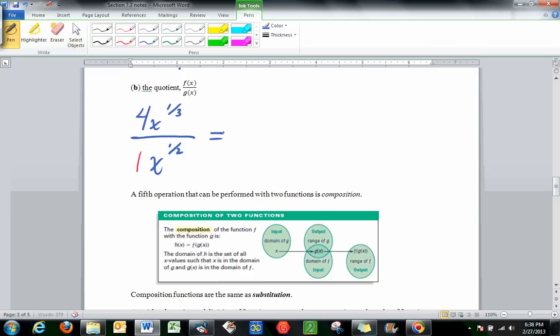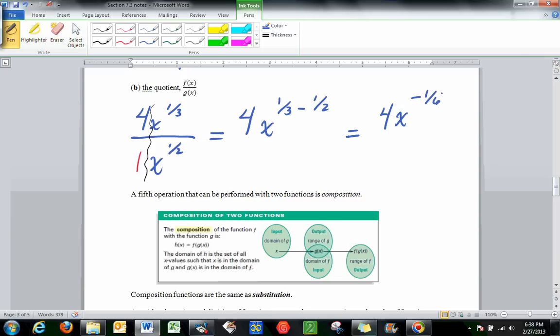So if I break this up into two parts, basically what we've got here is 4 divided by 1, which is 4, and of course with the x value we're going to subtract the exponents this time. And then if you use your calculator appropriately, what you're going to find is that we get 4x, and in this case we get a negative 1/6 power.